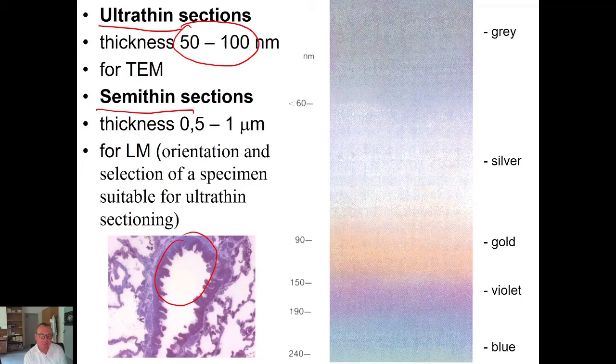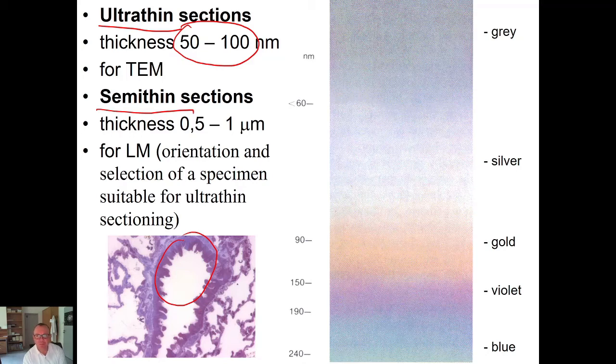When you look at the sectioning in the ultramicrotome, you can see sections on the water level. And they have very variable colors because the light is penetrating through them or reflecting from them, and so we can distinguish the thickness of the sections according to their color.